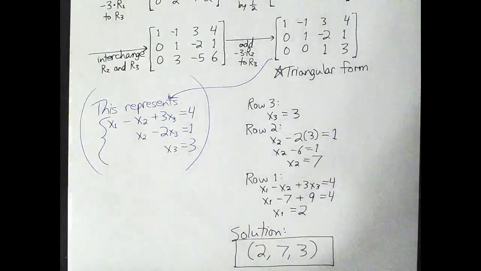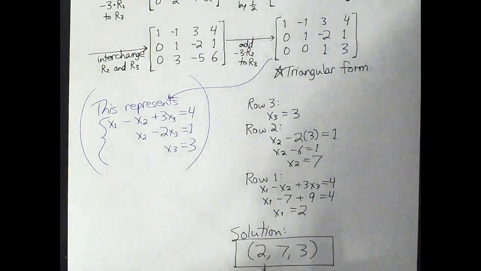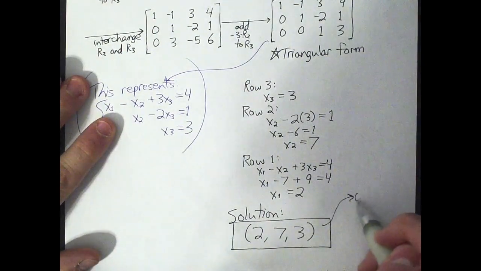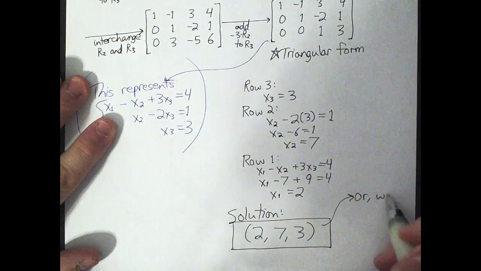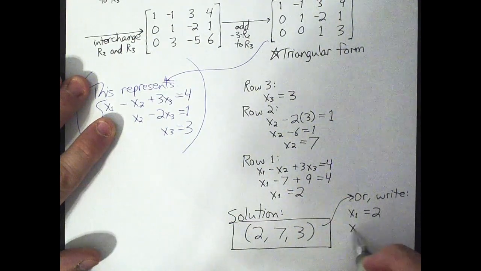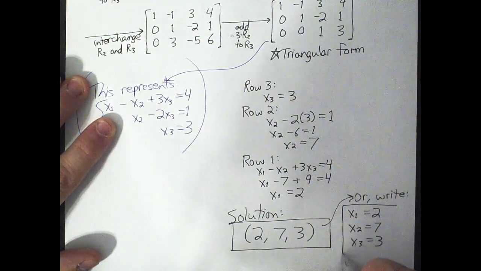I think at this point I'd also like to mention we're focused right now on writing solutions in this way, but there is another way to write the solution. You could write x1 equals 2, x2 equals 7, x3 equals 3, as long as they're all there and it's labeled which is which.